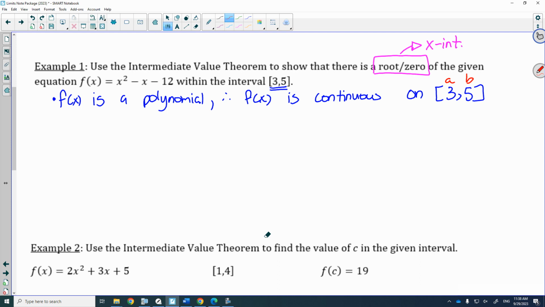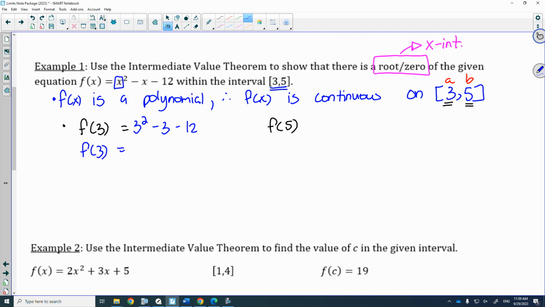What we need next is to find what is f of 3 and what is f of 5. So this would be like f of a and f of b. We need to calculate what f of 3 is and what f of 5 is. So f of 3 would be 3 squared minus 3 minus 12.